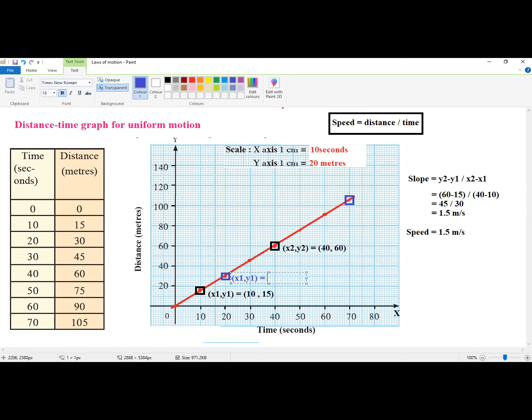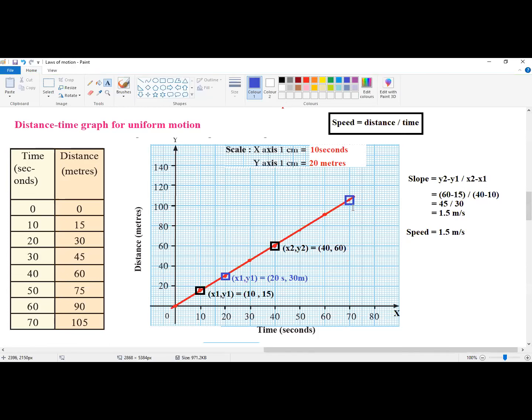x1 is 20 seconds and y1 is 30 meters. These are the coordinates.